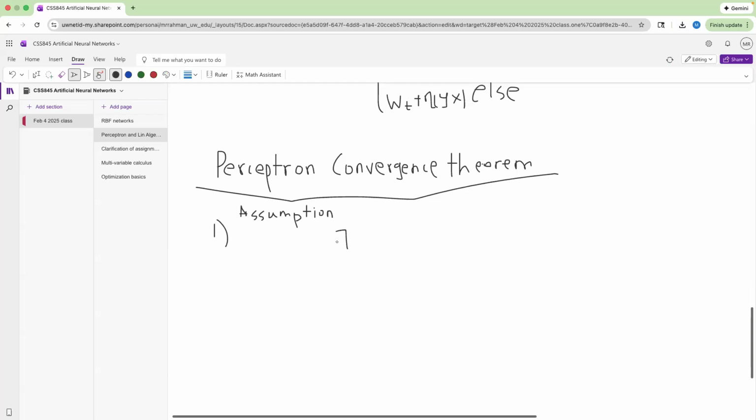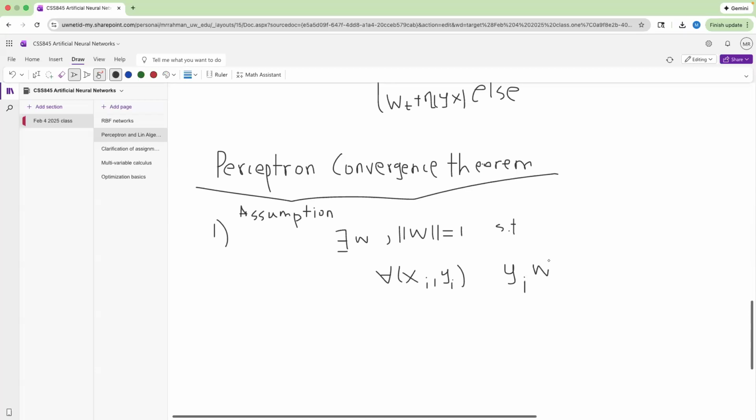So to prove this, we're going to say that there exists some w, which we assume is a vector of norm 1, or a unit vector, such that for all your input data, so you have these data xi and yi, for every data point, you would be able to correctly classify them.